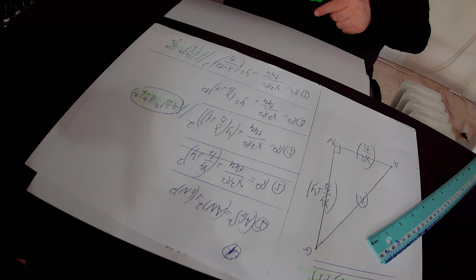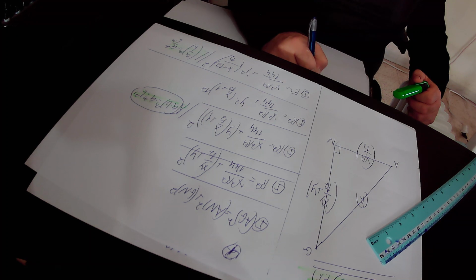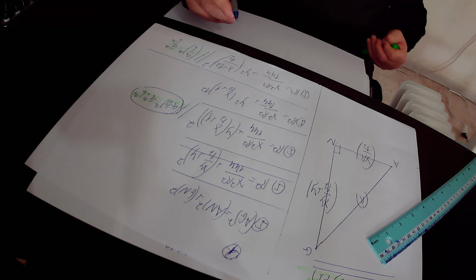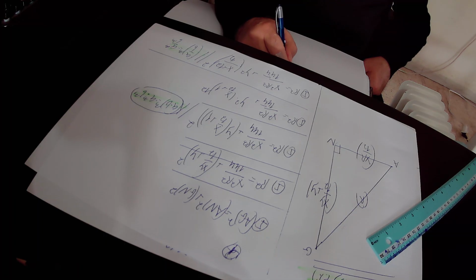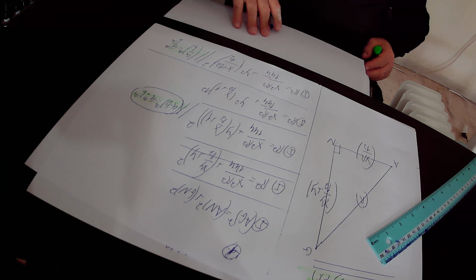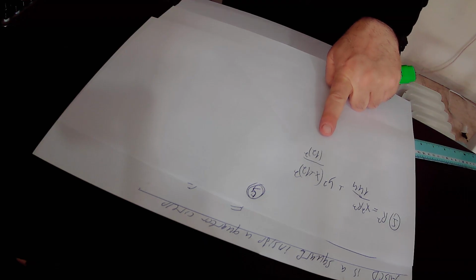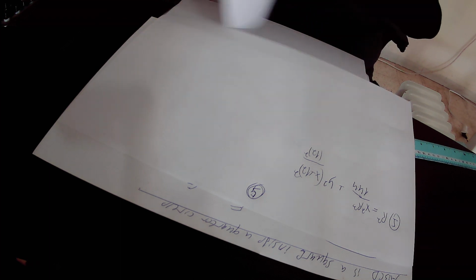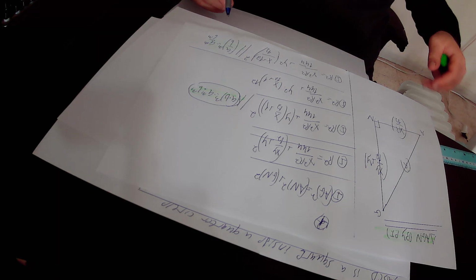According to this algebraic identity, we get that (X plus 12 over 12) square will be equal to (X plus 12) square over 12 square.